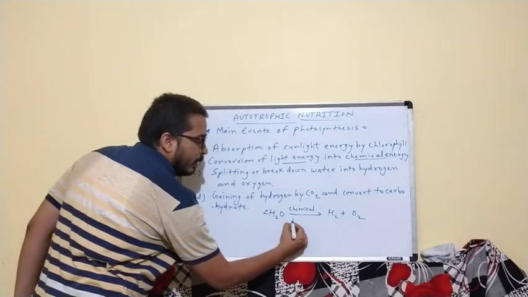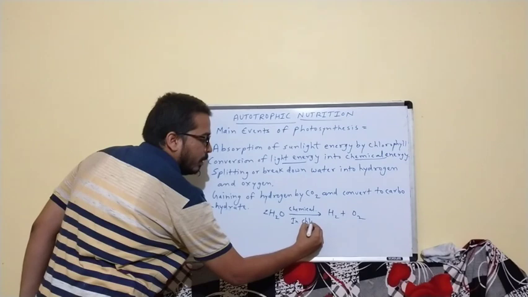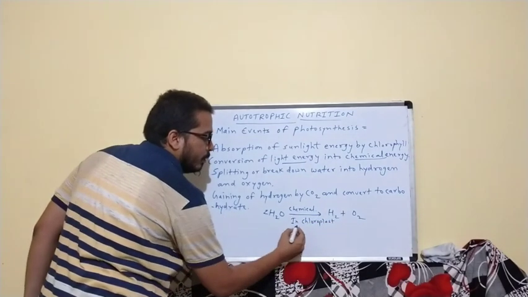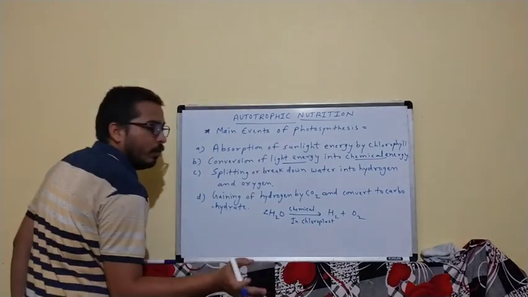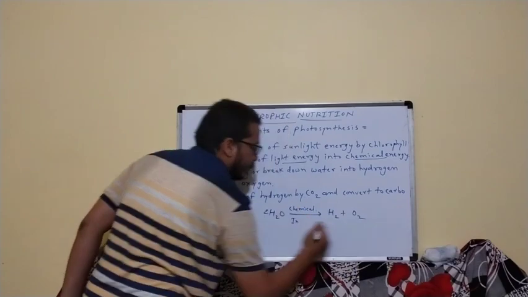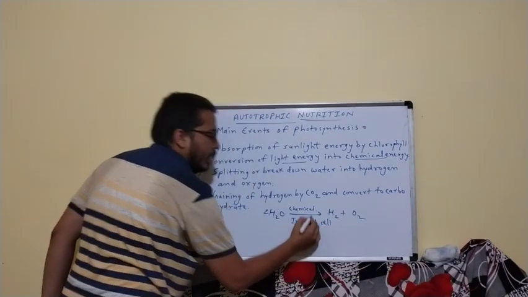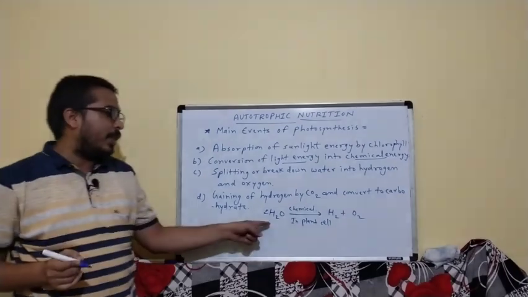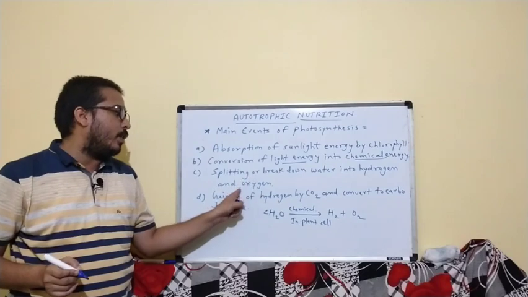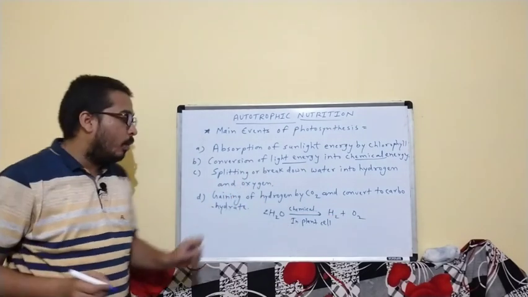In chloroplast, or we can write here, in plant cell. It is better. Chemical energy splits water into hydrogen and oxygen. 2H2O will be changed into 2H2 plus O2.